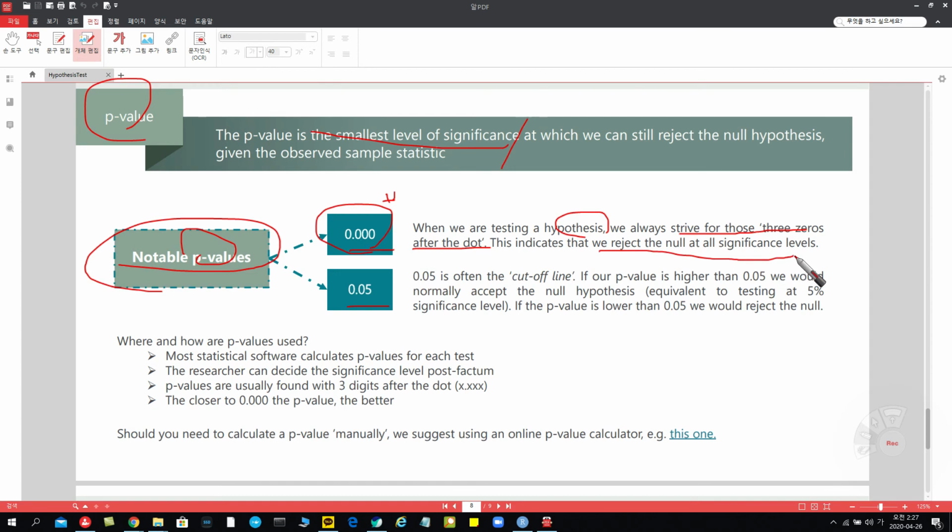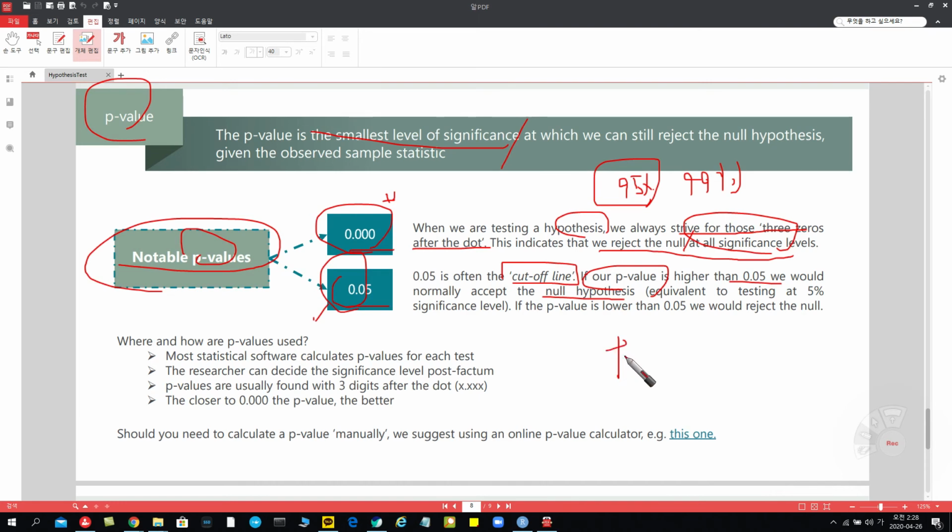Actually, we can reject the null hypothesis at a given significance level. The significance level we can set at 95% or 99% this way. And 0.05 is often the cutoff line. If our p-value is higher than 0.05, we would normally accept the null hypothesis.